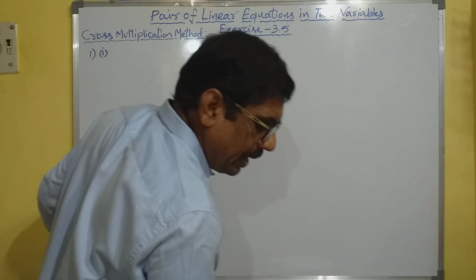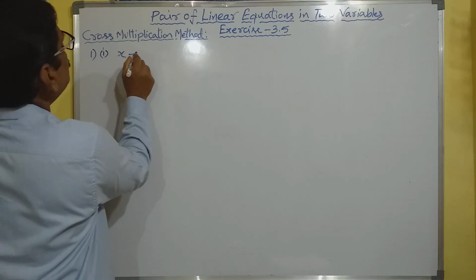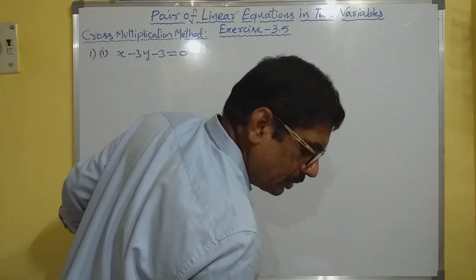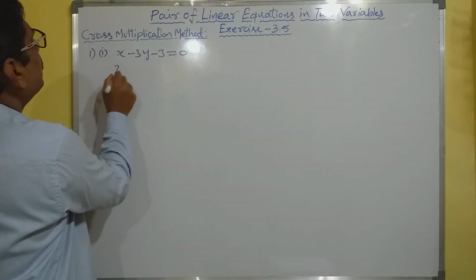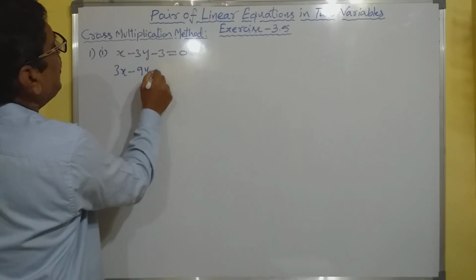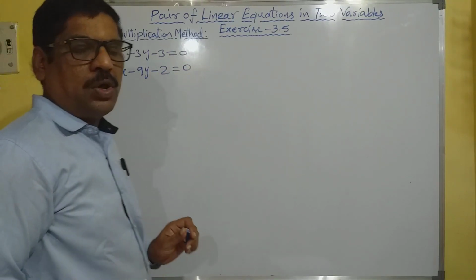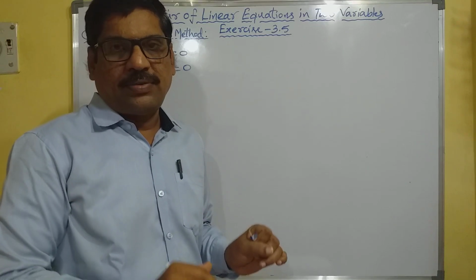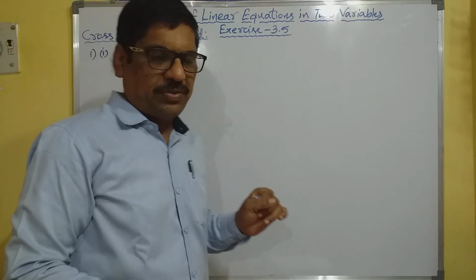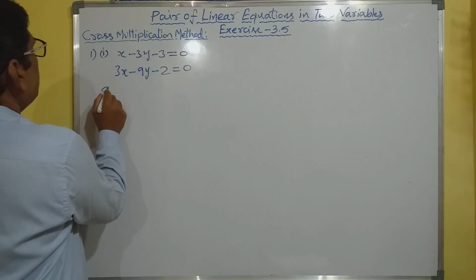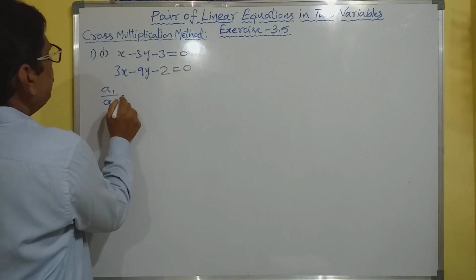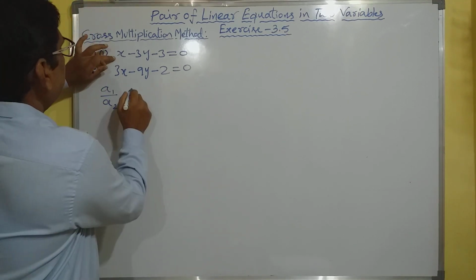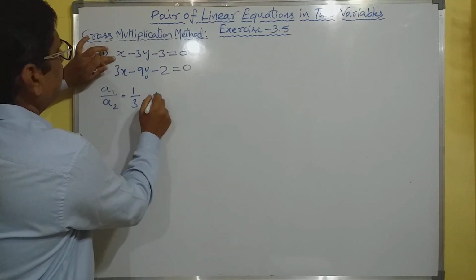They are x minus 3y minus 3 is equal to 0 and 3x minus 9y minus 2 is equal to 0. Okay, now let us take the coefficients of x, y and constants. Here a1 by a2 means the ratio between the coefficients of x is 1 by 3.